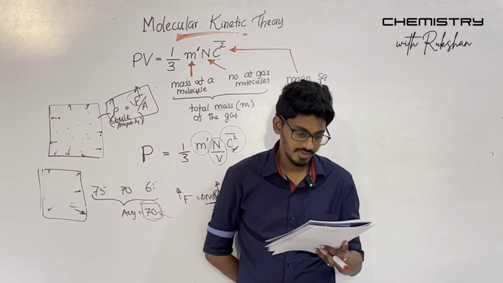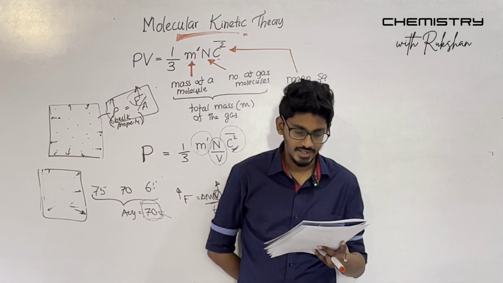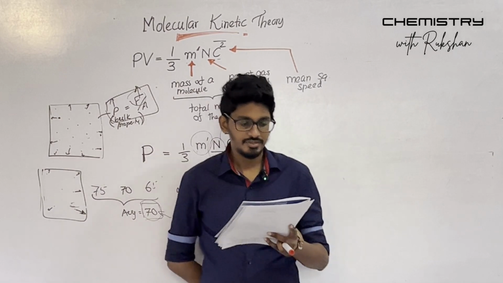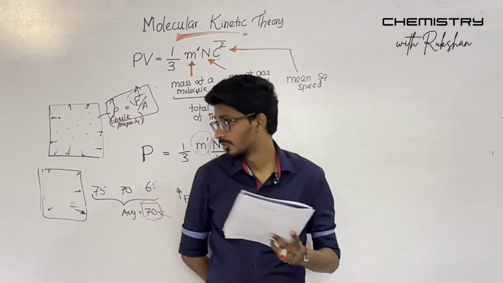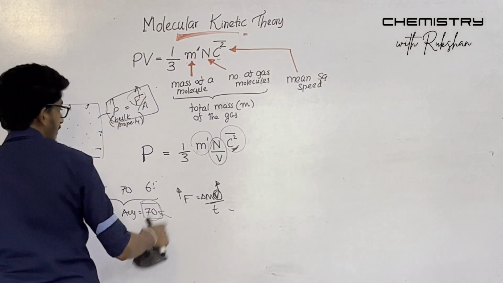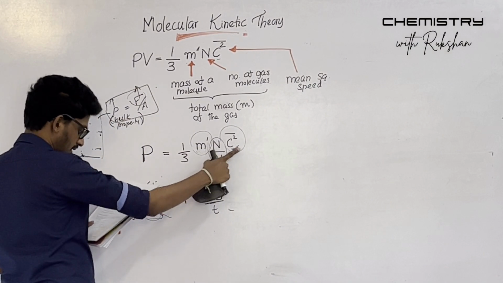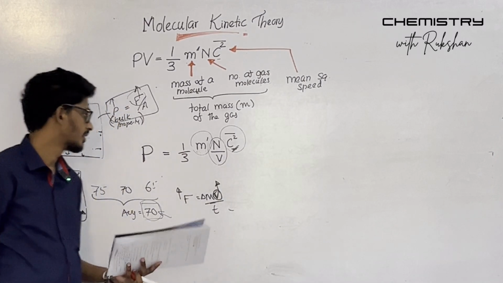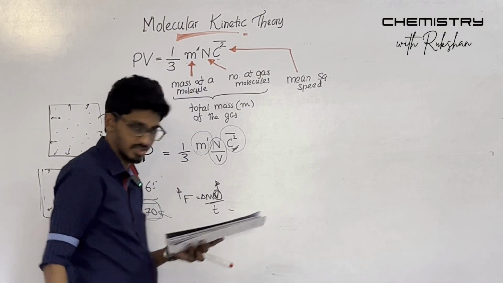This equation gives pressure, a macroscopic, bulk property, in terms of molecular motion. The significance of this equation is that the pressure is proportional to the mass of a molecule, the concentration of molecules, and the mean square speed of molecules, right? So that is the significance of this equation.